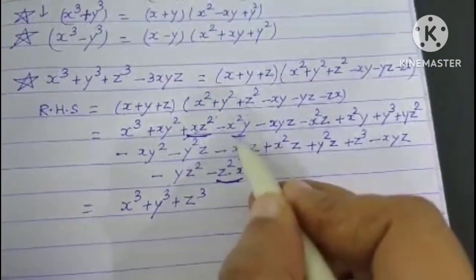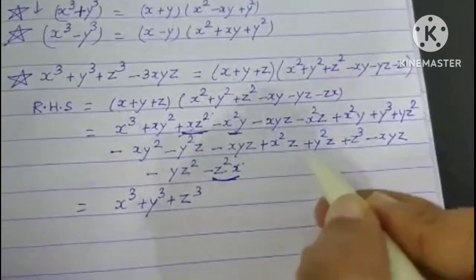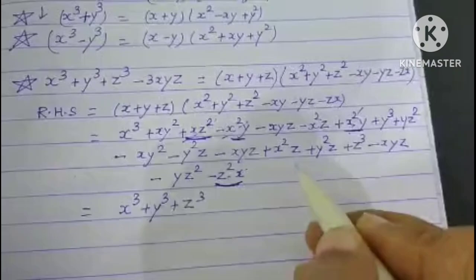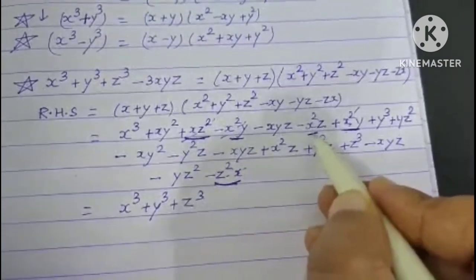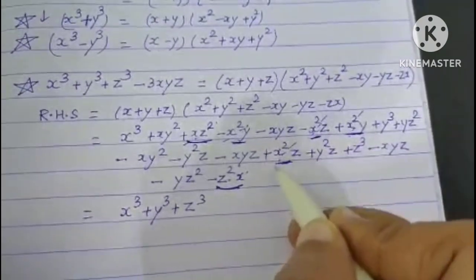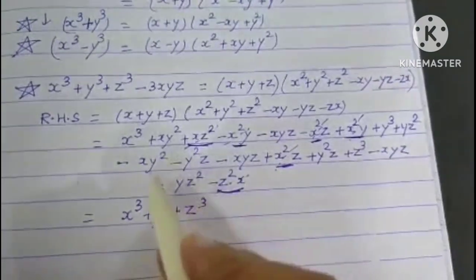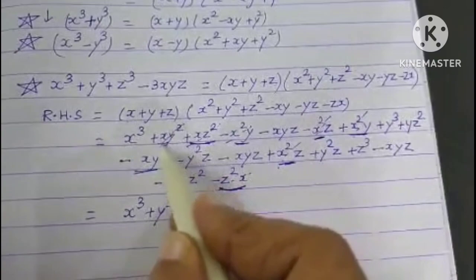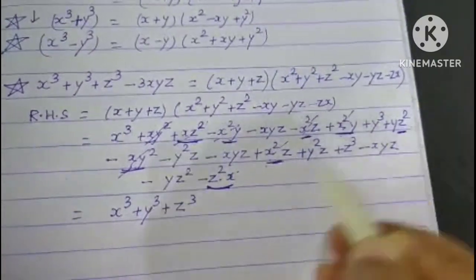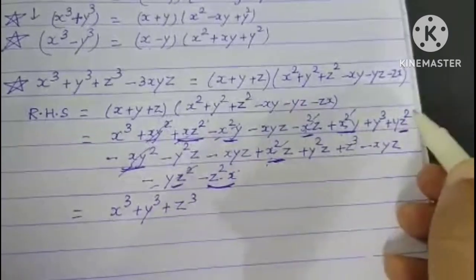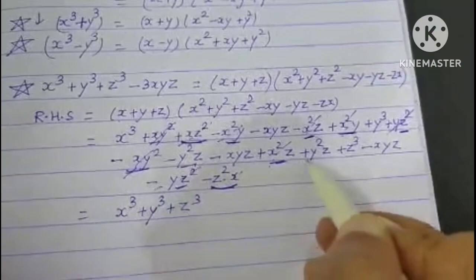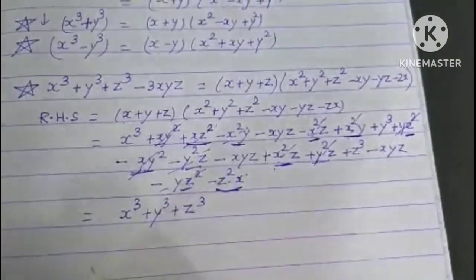Now x square y is minus here and x square y is plus here. Now x square z is minus here and x square z is plus here. Now xy square and xy square here will also cancel out. The remaining yz square and yz square will also cancel out. And minus y square z plus y square z also cancel out.